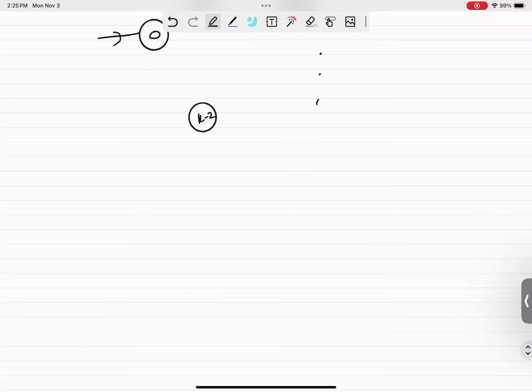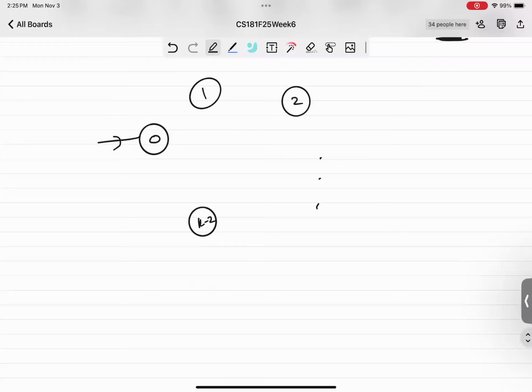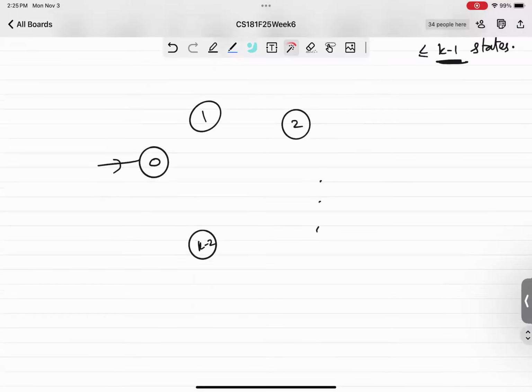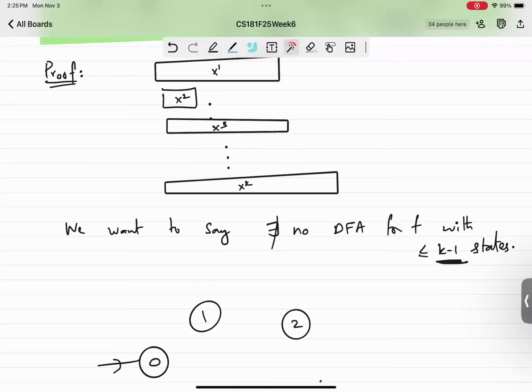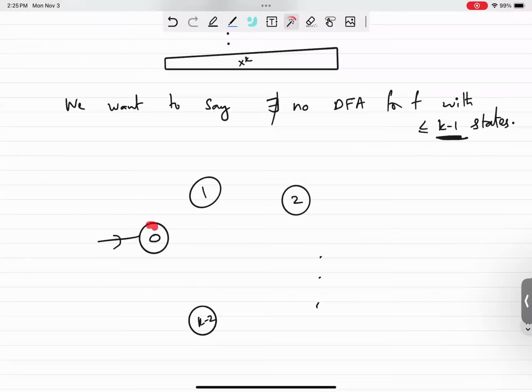So for example, you look at x1, I run my DFA through it, I end up in some place. We don't care if it's accept or not accept. I'm just saying when I run x1, I end up in this particular state.